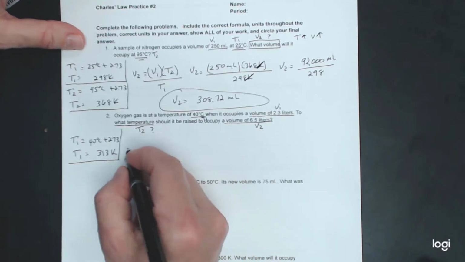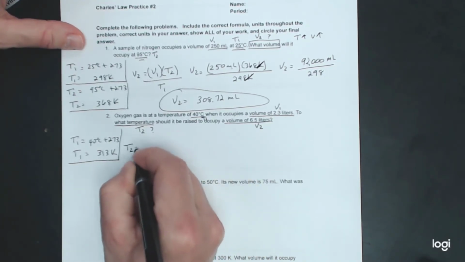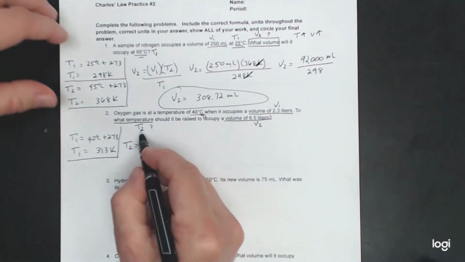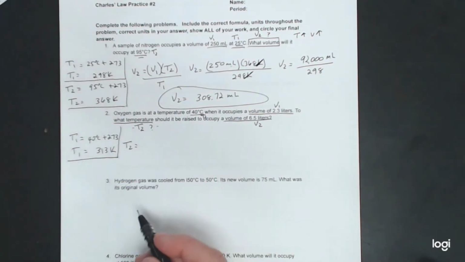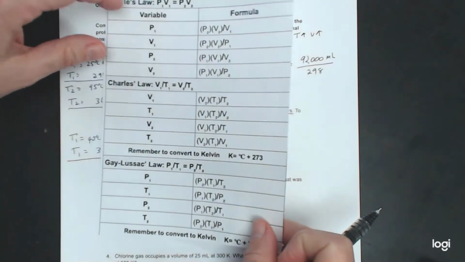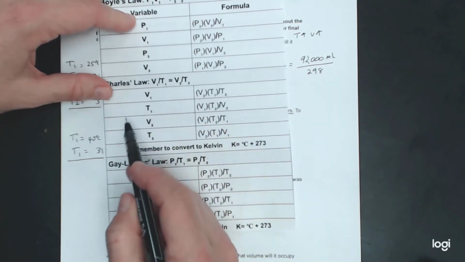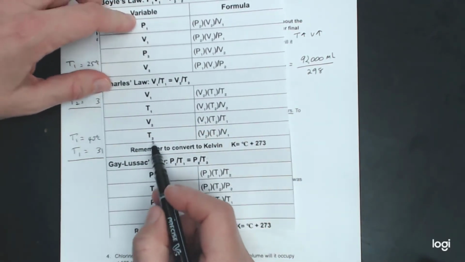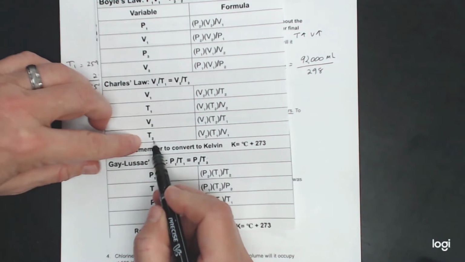And now what I need to do is figure out how I'm going to get my T2, because that is what I'm looking for right here. So I'm going to go back to my little handy tool here. I'm going to go back to Charles' law, which is right here in the middle, and I'm going to find the variable T2, which is the one down at the bottom.